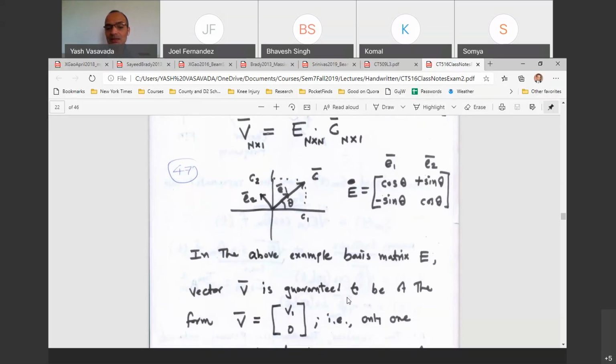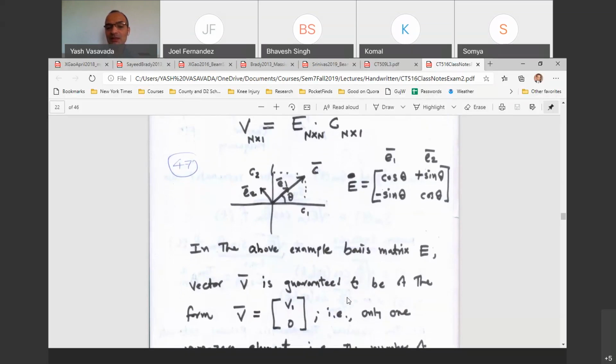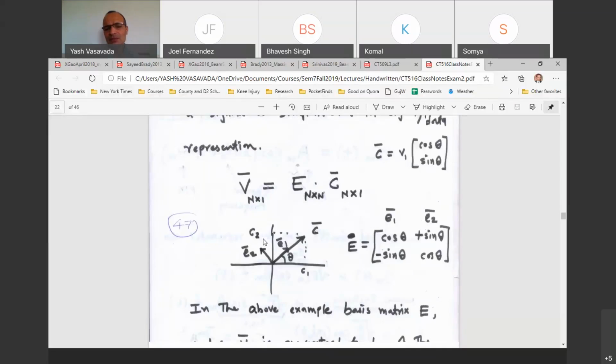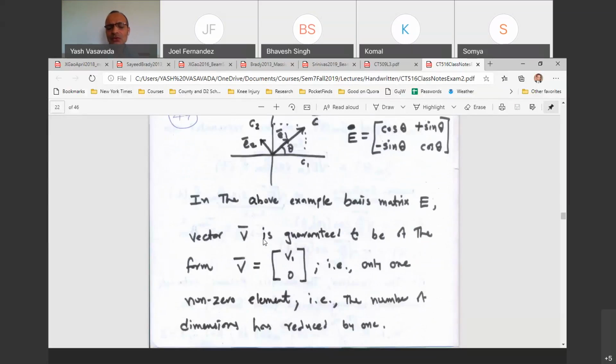Then I have done a significant simplification in the data representation. In CT516, when we went over this, our focus was on data compression. Now, our focus is on this millimeter wave hybrid beamforming or hybrid precoding.